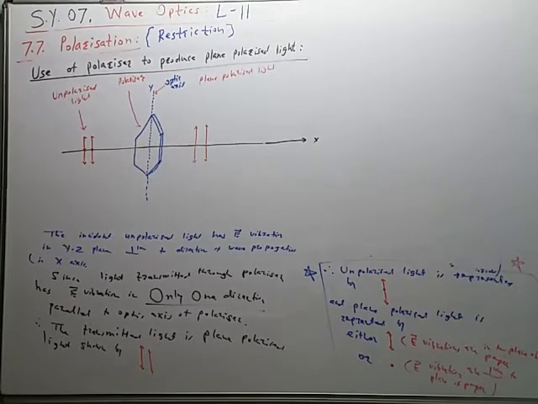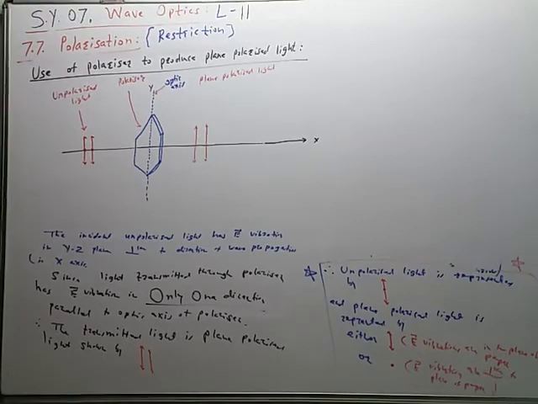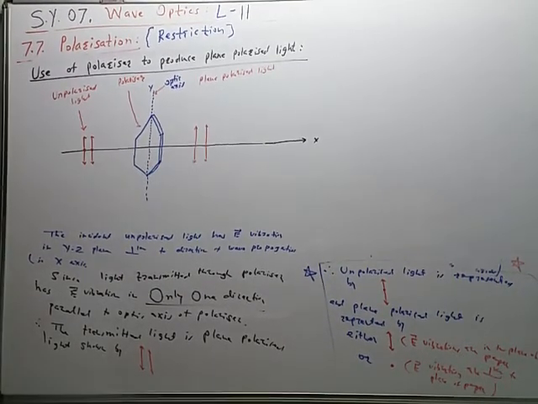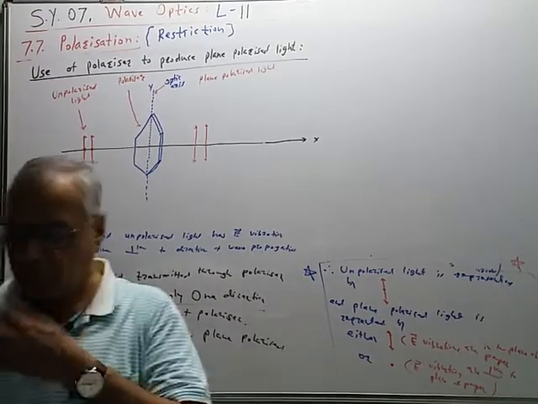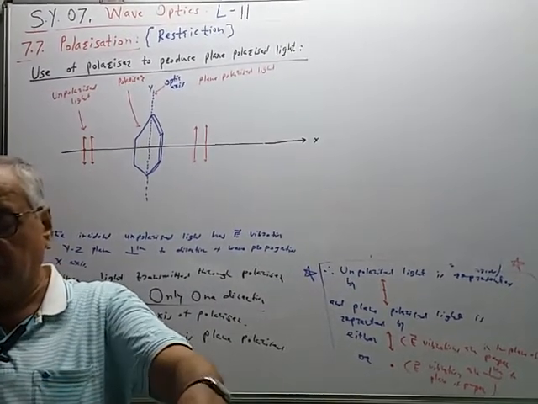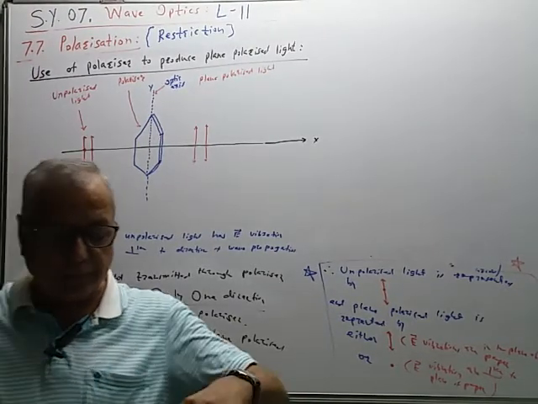Now there are two types of plane used or defined. One is called the plane of polarization and the other is called the plane of vibration. So first we will see the meaning of plane of vibration.